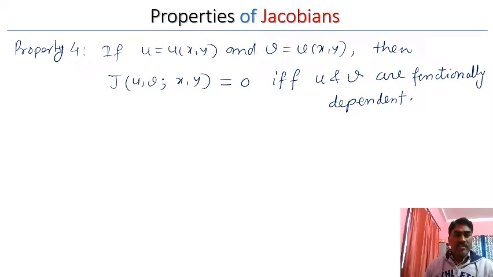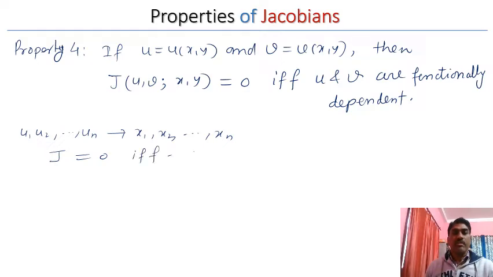So in general, if u1, u2, un are functions of x1, x2, xn, then the Jacobian of u1, u2, un with respect to x1, x2, xn is equal to 0 if and only if u1 through un have some functional relation. So in order to have a better understanding of this, let us take some examples.